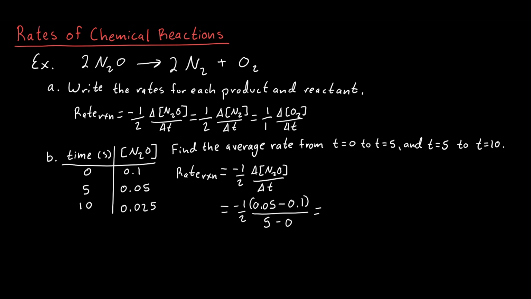And if we plug this into our calculator, it simplifies to 0.005 molarity per second. And this is for t equals 0 to t equals 5. Now let's do the same for t equals 5 to t equals 10.